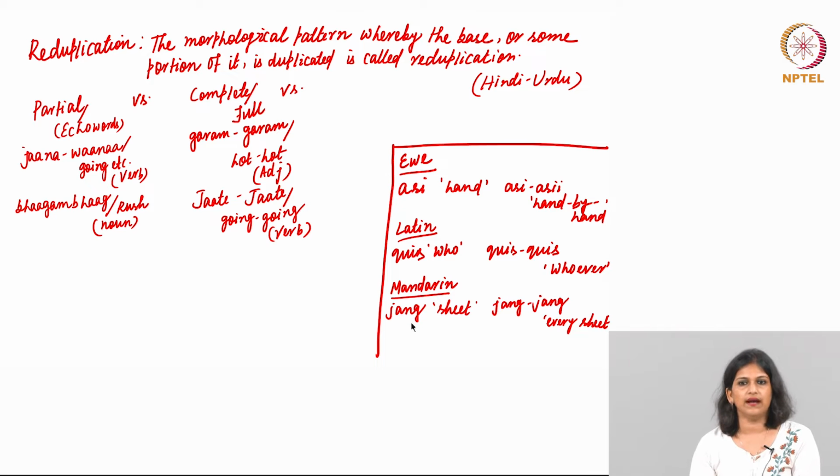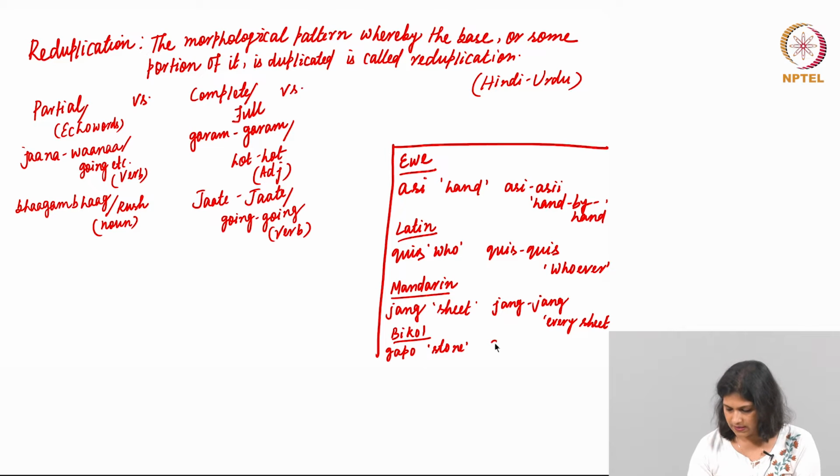Then finally, we have a language like Bicol, again the data from Moravcsik. Let us say we have Gapo. I am sorry, my apologies if my pronunciation is weird. I am just trying to explain it to my participants. So, Gapo, which means stone, is reduplicated as Gapo Gapo. Okay.